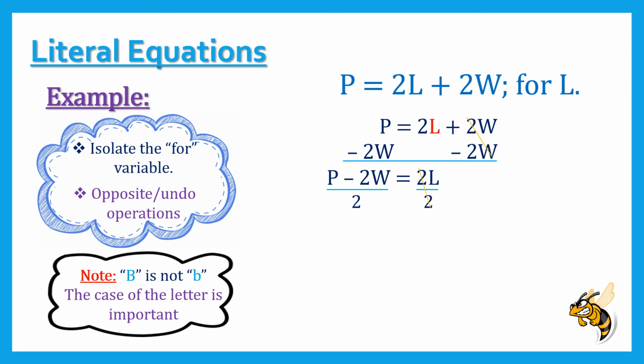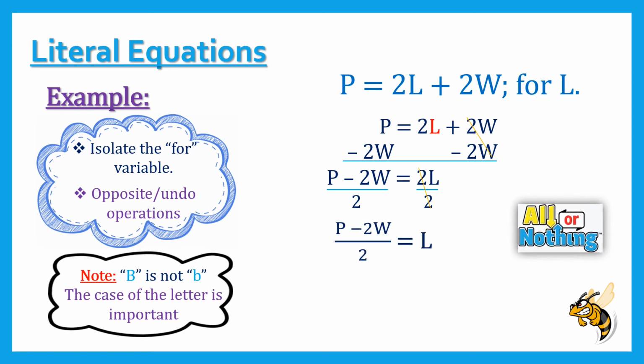Yes, the W has a 2 in front of it and there's a 2 in the bottom, but the P does not have a coefficient of 2 or a multiple of 2, so therefore I cannot simplify. It's all or nothing. So it stays the same. So my final answer is going to be L equals P minus 2W over 2.